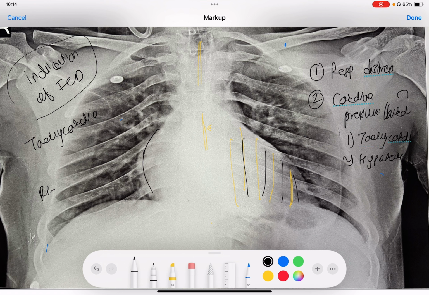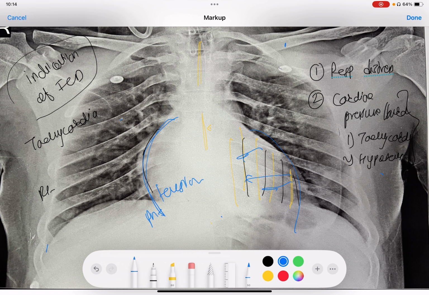So in short, we term it a tension pneumothorax. Why do we call it tension pneumothorax? Because the air which is compressing the lung is so high that it puts so much burden on the heart, either on the right side or on the left side, by pushing the heart or by directly pushing the left ventricle or left atrium or right atrium, so that the heart doesn't get filled in diastole.